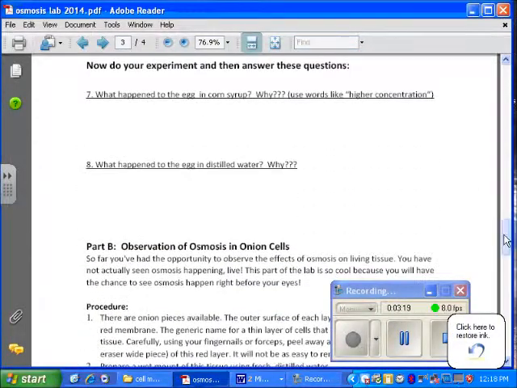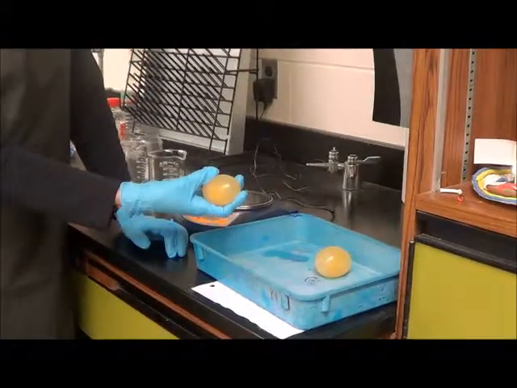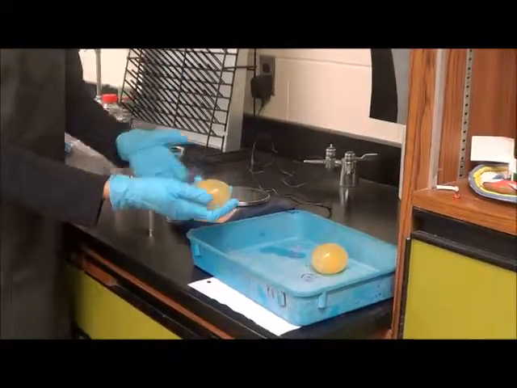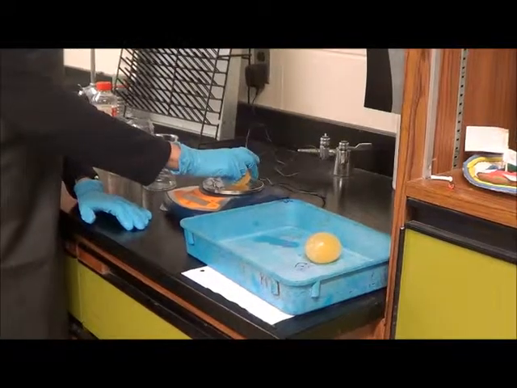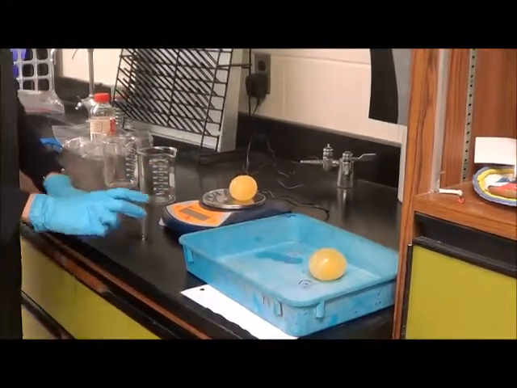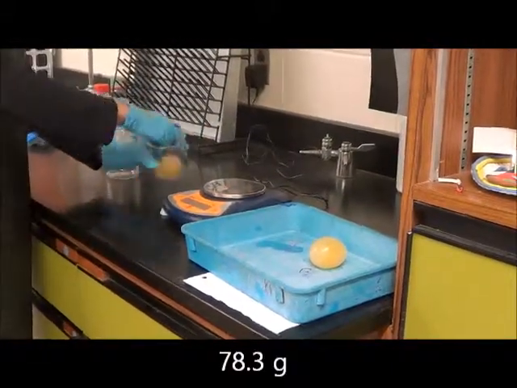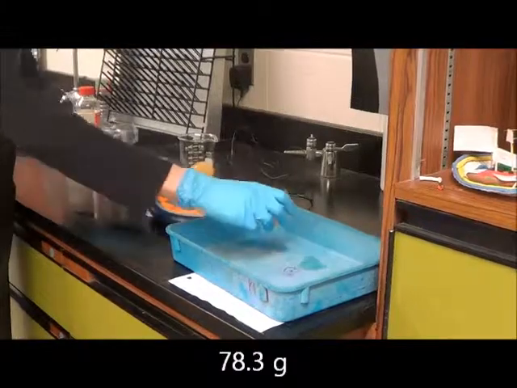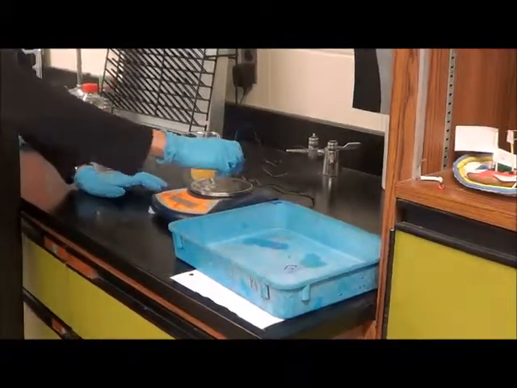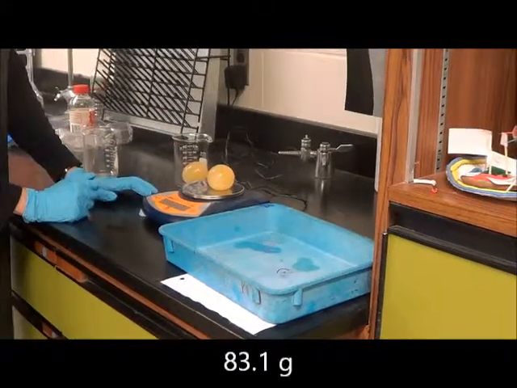Now you're going to watch a video of me doing this and then doing it again a day later. This is just a regular egg that I got at the grocery store, and I used vinegar to take the shell off. I'm going to weigh the egg. It weighs 78.3 grams. I have another egg. We'll re-zero. That one weighs 83.09.